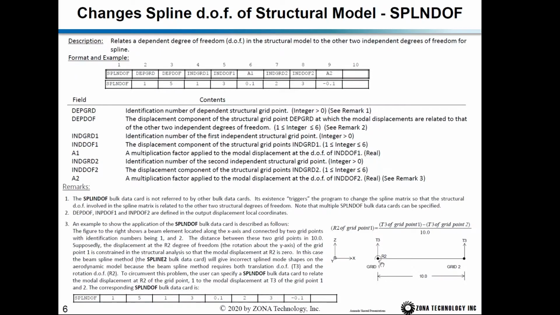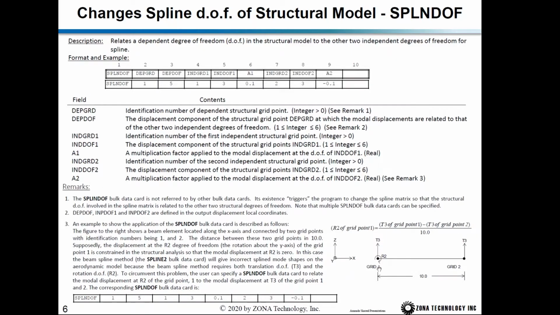If I want to compute the slope at this grid point, the R2 of grid point 1 equals the T3 of point 1 minus the T3 of grid point 2, divided by the distance of the two grid points, which is 10. Therefore, A1 should be 0.1 and A2 should be negative 0.1.